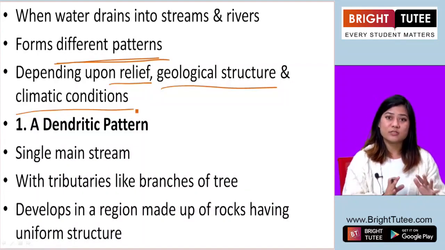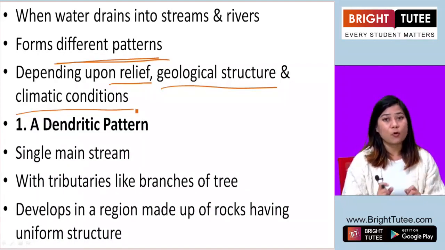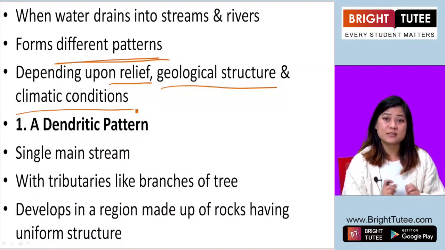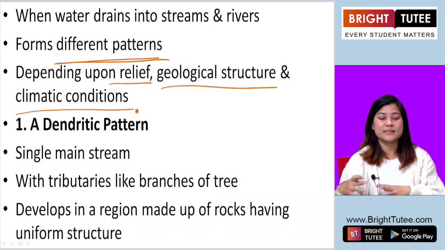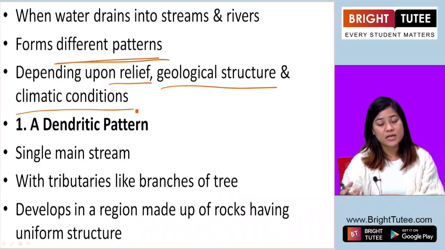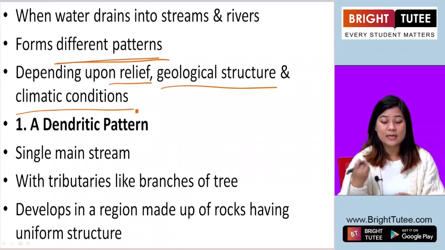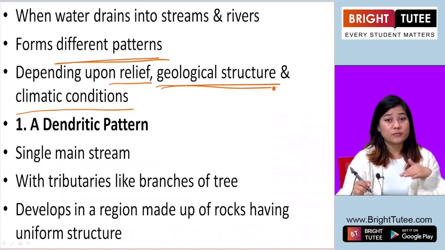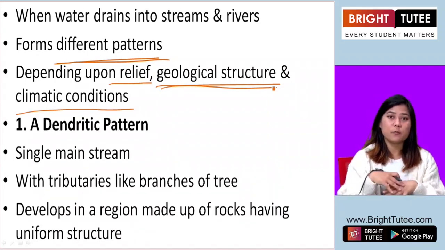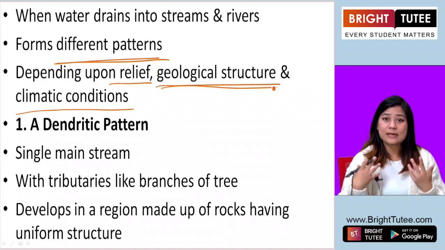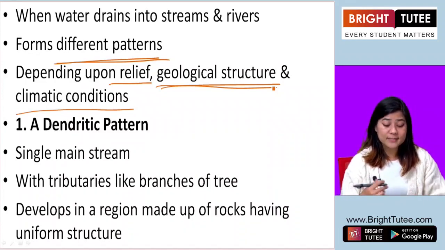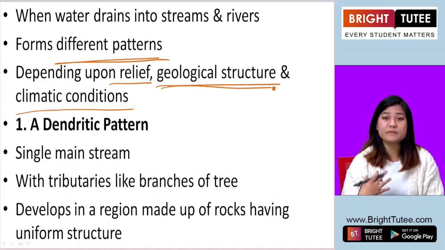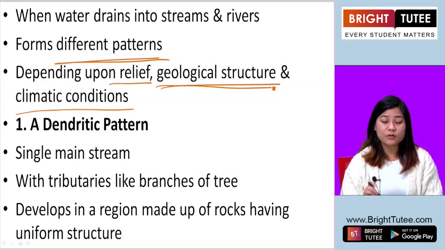If there are mountains, then there will be deep gorges or meanders. So all the patterns that the river forms depend highly upon the relief, the geological structure, the rocks over which it is flowing, and the climatic conditions. So now let us briefly look at some of the important patterns that the rivers form.